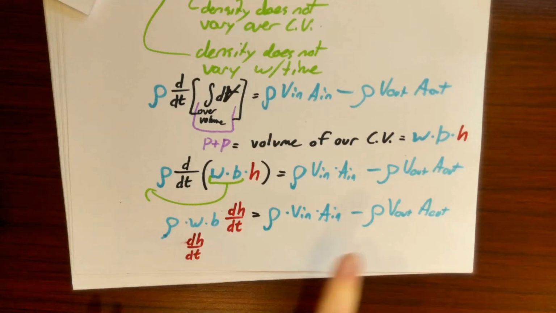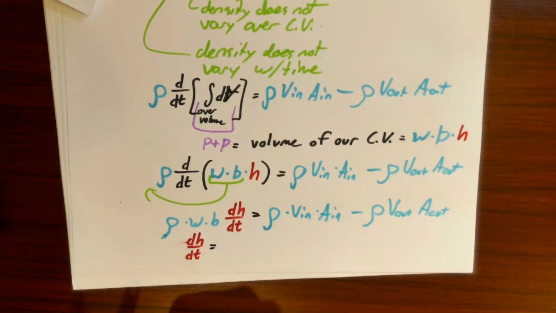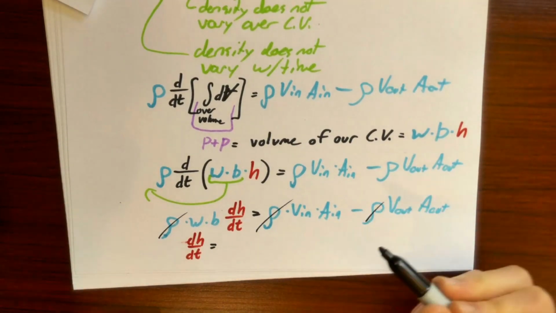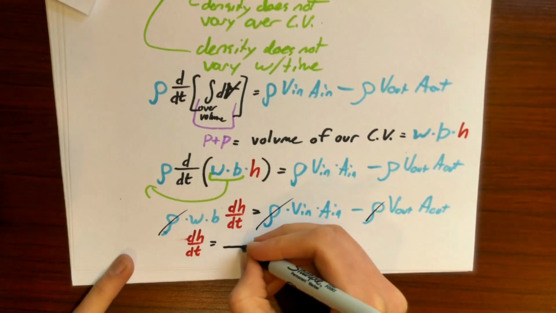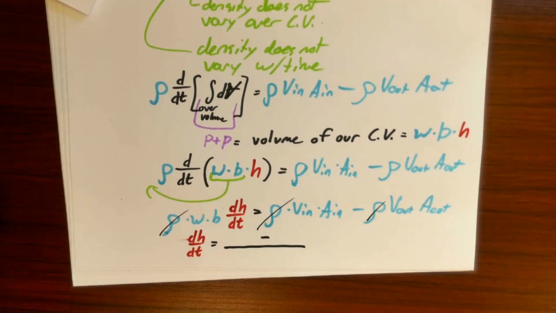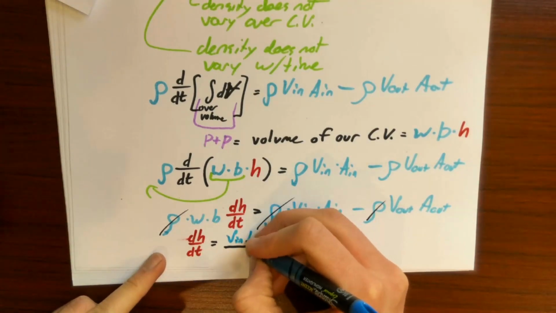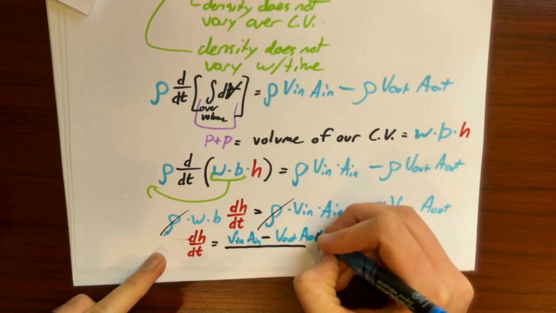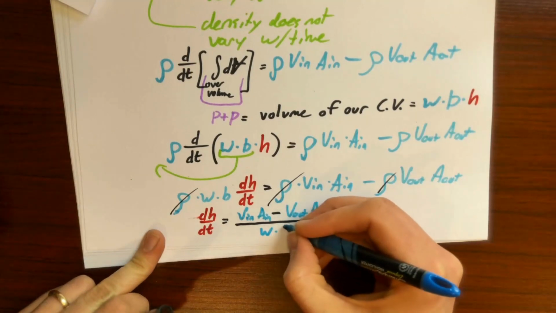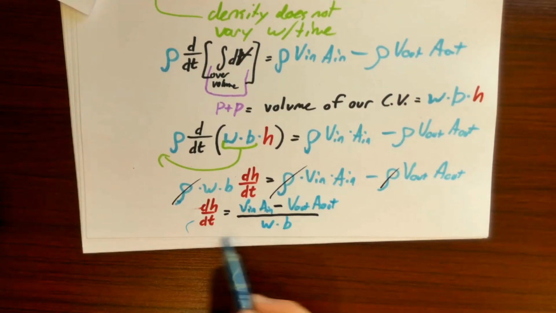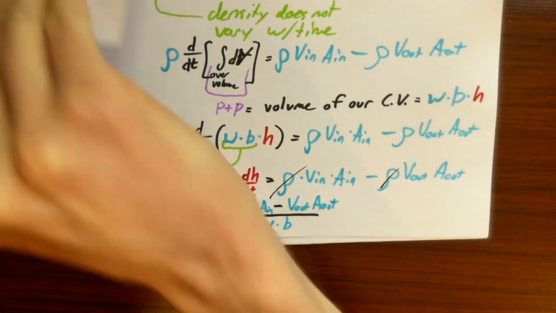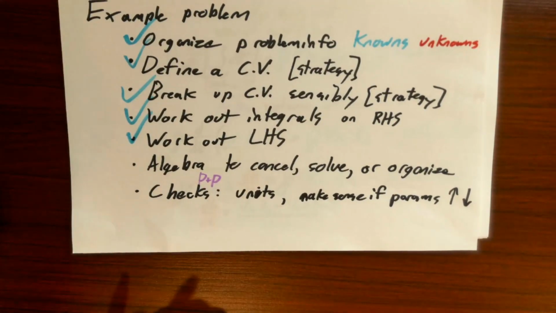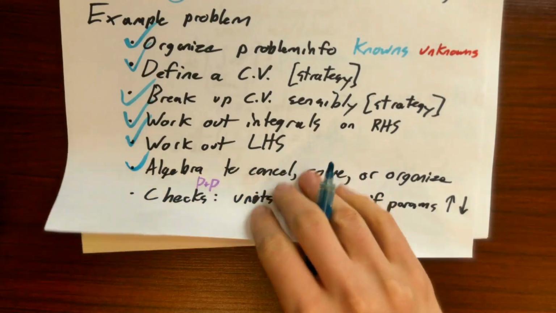If we notice, all of these terms actually have rho, so we can divide out rho, and then we have in the numerator v_in A_in minus v_out A_out. And in the denominator, we have W times B right there. All right, success. So I'd say now we've done some algebra to cancel, solve, and organize our results.